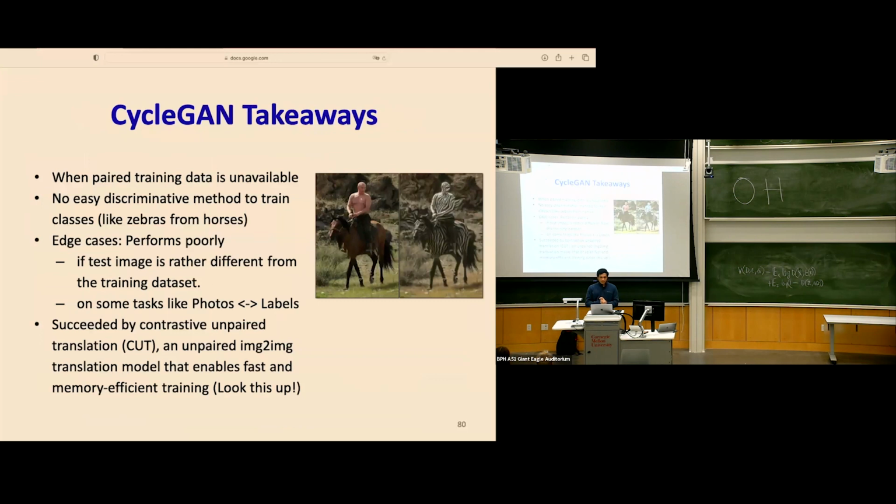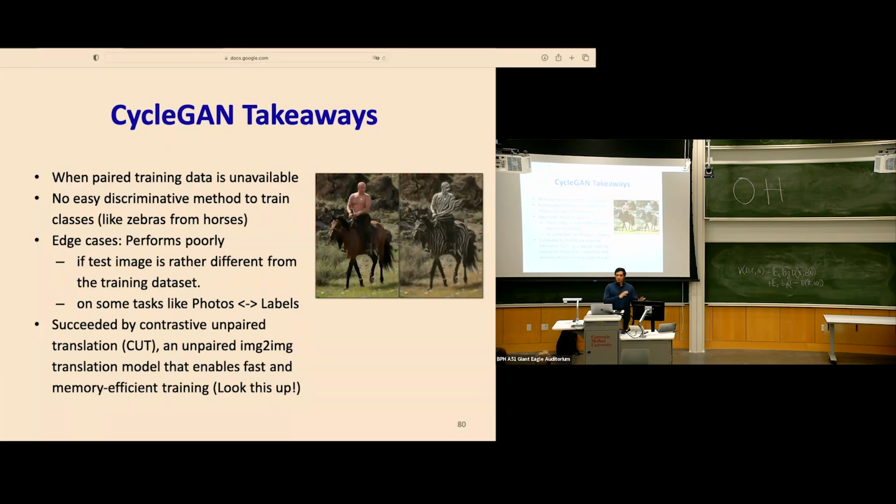Okay, so what are the takeaways? So CycleGAN is particularly helpful when paired training data is unavailable. So perhaps you have a dataset of humans and their edges, right?